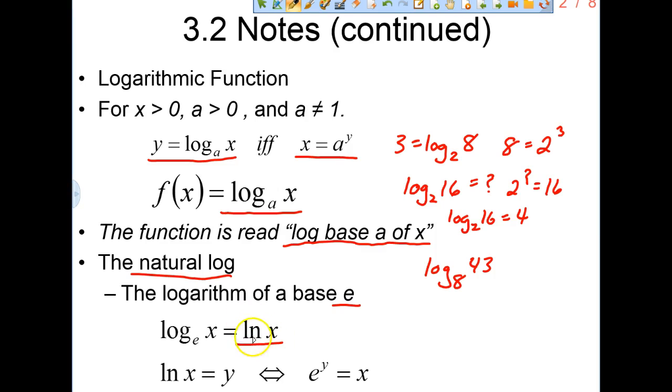And yes, it says ln, but we read it as natural log. So when I write natural log, it is this implied base e. So if I write the natural log of x equals y, then we can say that e to the y equals x. So this is a very important thing to understand. This is the definition of logs.